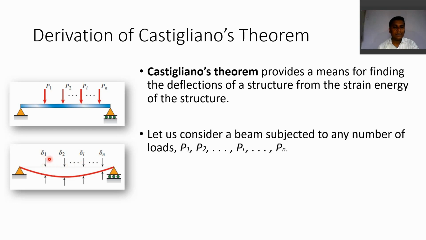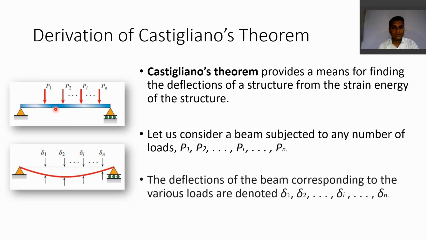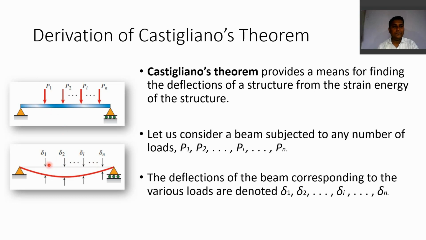Let us say delta 1, delta 2, delta 3 and so on. These are the displacements under the point loads P1, P2, P3 and so on. So if we are interested to find out the displacement, that is delta 1 or delta 2 or delta i or delta n, in general the displacement under any point load, how we can find this, we have to discuss in Castigliano's theorem.